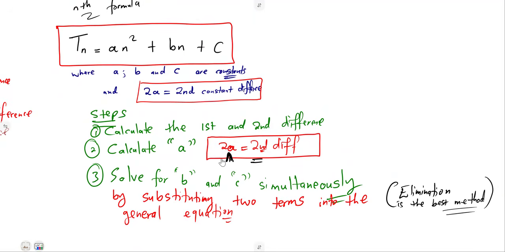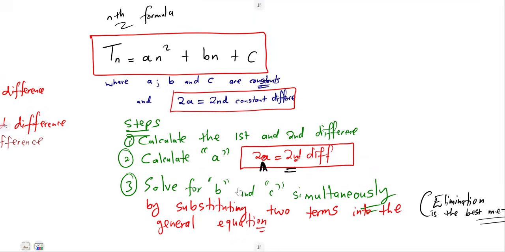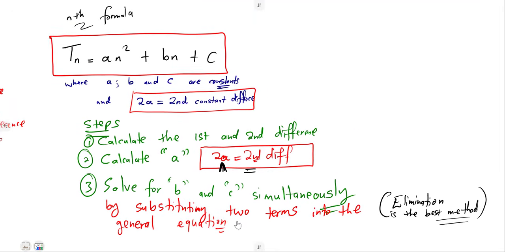You calculate your A from there as 2A is equal to the second difference. Solve for B and C simultaneously by substituting two terms into the general equation. It's another way that we can actually work with.